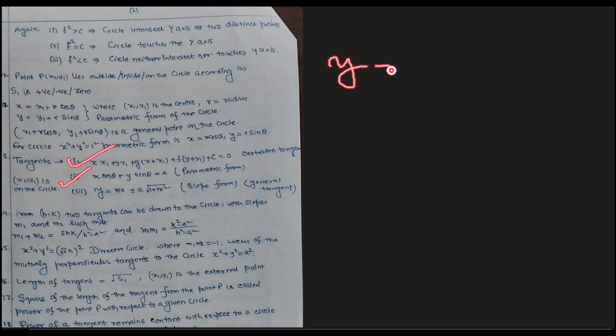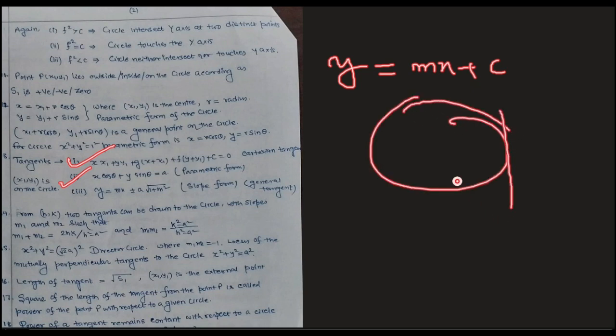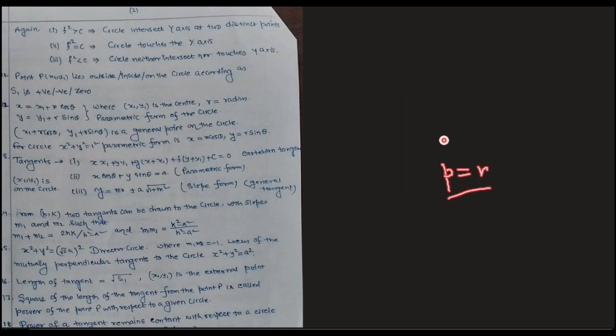And if a line y is equal to mx plus c touches the circle at any point, then what will happen, p will become r, that is the distance becomes r, and you are getting c is equal to plus and minus a root over 1 plus m squared.